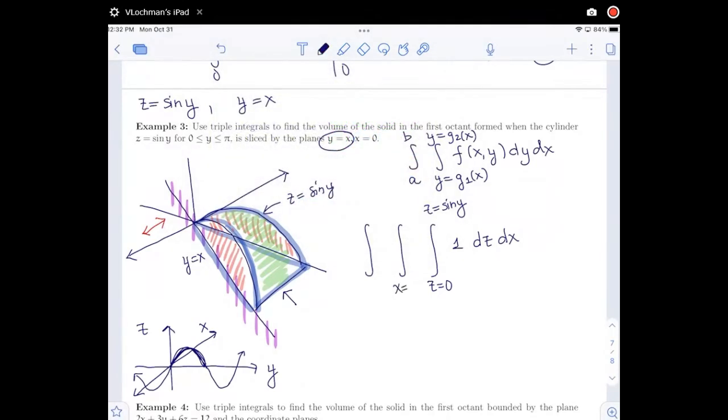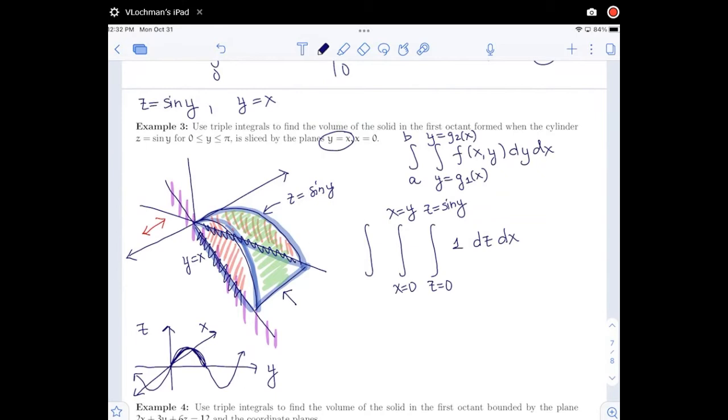X is equal to something. What is it? It's this curve right here, and that's just x is equal to 0. To which curve? This curve right here, that's x is equal to y. Okay, from wall to wall, done. From curve to curve, done.